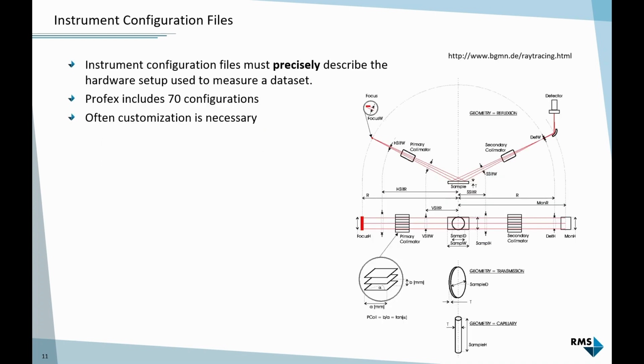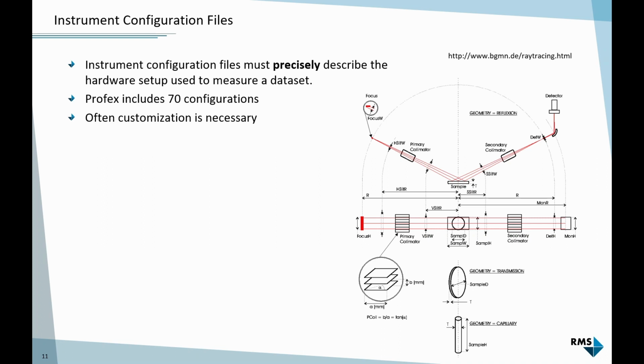So as I explained yesterday, we will need a file that contains a description of our hardware. And the schematic on the right is what we find on the BGMN website. It looks a bit scary, but it basically shows a standard instrument beam path starting with the tube, which is called focus here, the target size, then the different slits I showed yesterday in my own graphics.